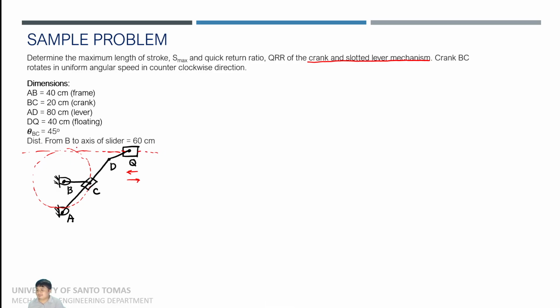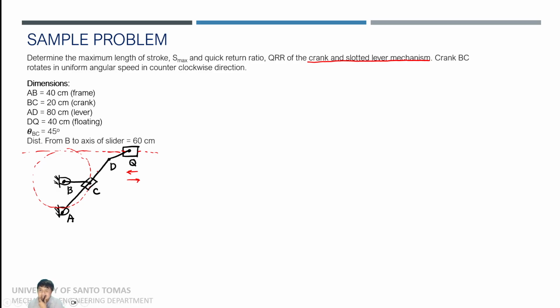Now, if you want to find the maximum length of stroke, we want to first find what the angles are, and what the extreme positions of your QRR are.